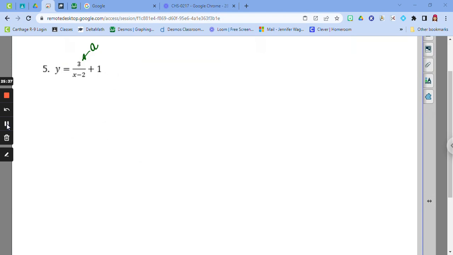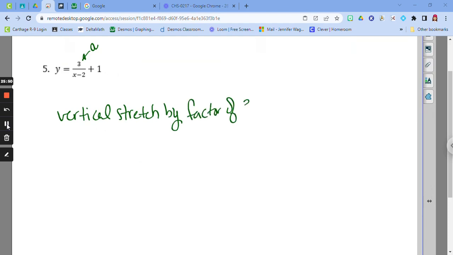All right, so we have a vertical stretch by factor of 3. And then we have our shifting. 2 units right. 1 unit up.